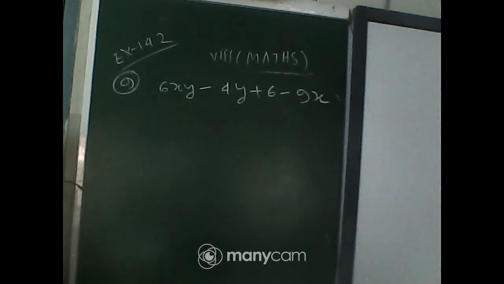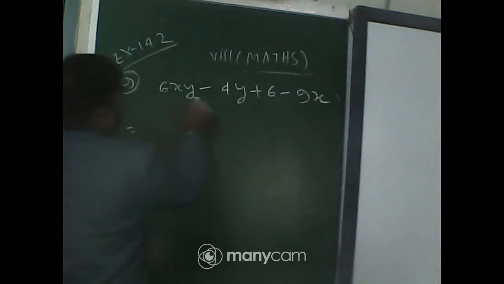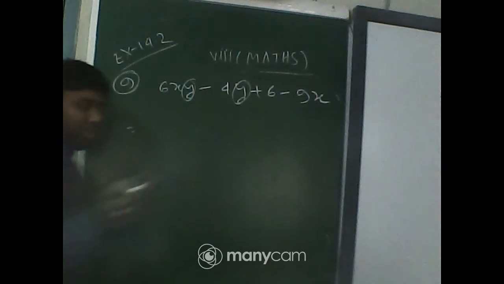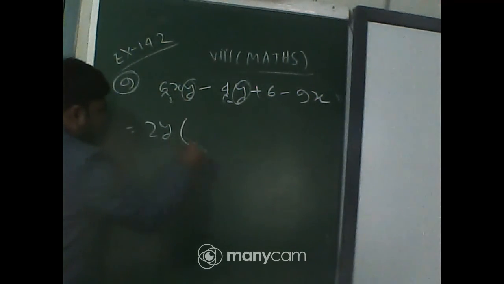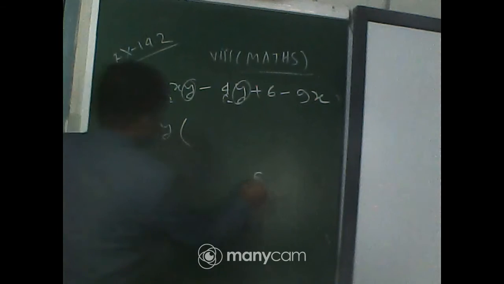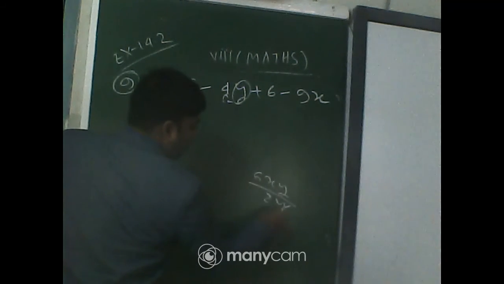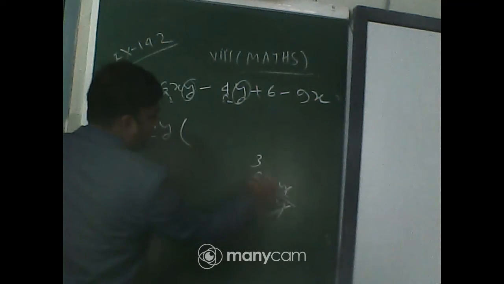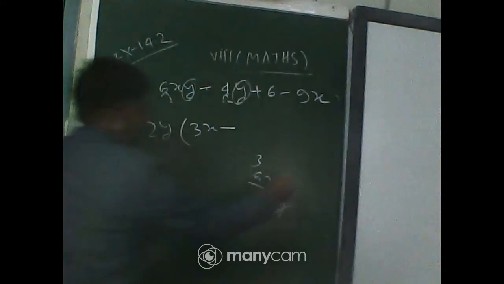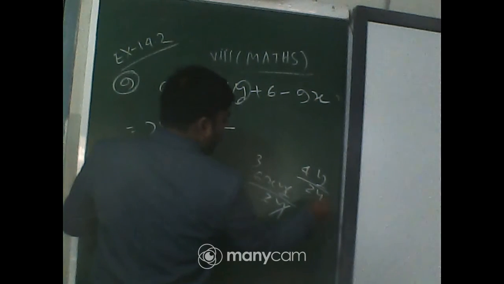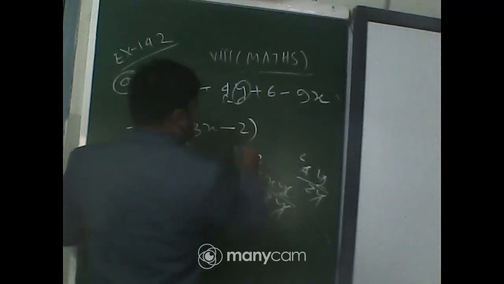Students, there is no need to arrange this part. From the first two terms, y is a common term, and both have factor 2. So take common y as well as 2, that is 2y. From 6xy, taking 2y common, y is removed and 6 divided by 2 is 3, so 3x. The minus is left here. Then from 4y, taking 2y common, we get 2.